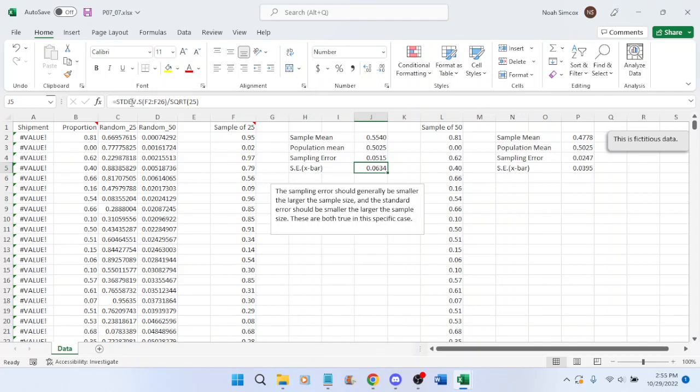So standard deviation divided by square root of the number of the sample.